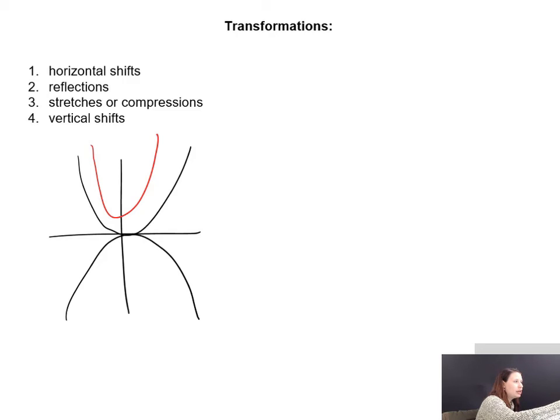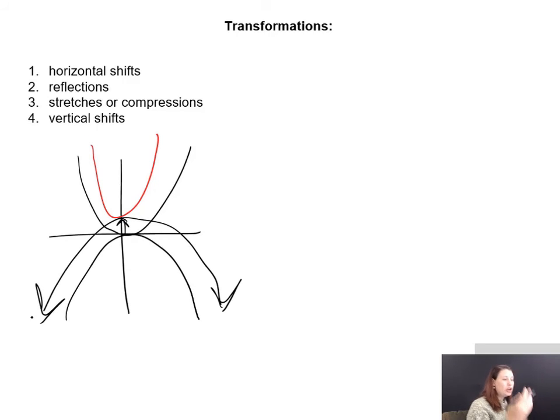So let's say it goes to here. That's the actual graph, the one with arrows on it. We reflected it down, then we shifted up. That's the real way we're supposed to do it.